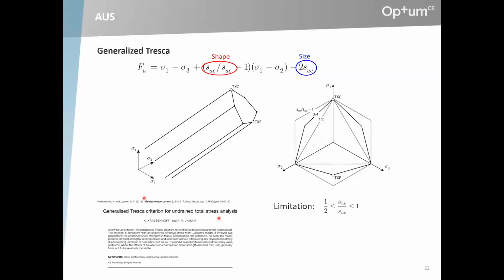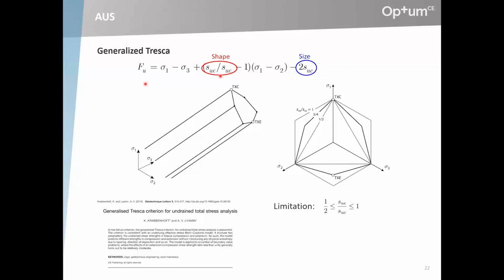So it's a pressure insensitive prism, but with a cross section in the deviatoric plane that depends on this extension to compression ratio. So that if the ratio is 1, then we have just a standard Tresca. If it becomes 1/2, well, then we have a kind of Rankine triangle. And if we have something in between, well, then we have something in between.